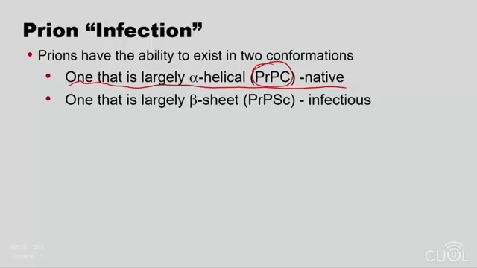But then there's the infectious form, okay, and that largely has beta sheets. So this is just an example of secondary structures gone wrong. So you go from one that's very alpha helical, and it's not only alpha helical, there are beta sheets in the native conformation, but it's mostly made up of alpha helical, and I have a picture that'll come up, so I can just show you the picture when it comes up.